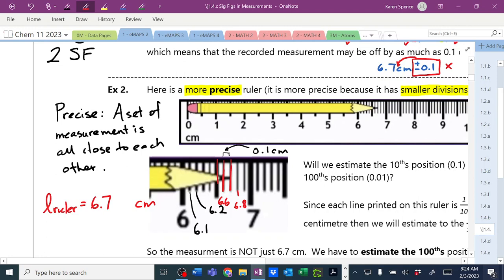I know that it is 6.7. So I have the 6, which is certain, the 7, which is certain, and we always need that one extra digit, which is uncertain. And because it is right on the line, we are going to add a 0. So there we are. And that 0 is going to be our uncertain digit.